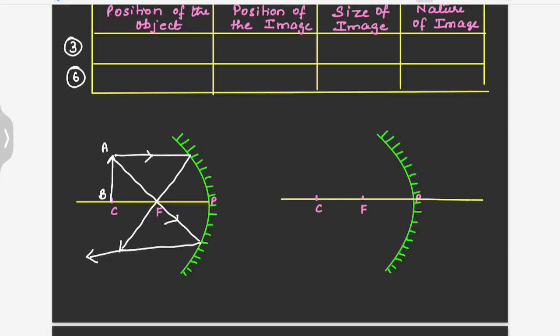So where the two reflected rays are meeting. So can you see here, this is one reflected ray and this is the second reflected ray. So they are going to meet at this point. So at this point the image also will be formed. So this is the place. So here it should meet exactly below C. So this is the place where image is formed.